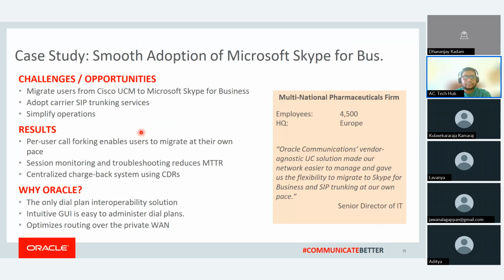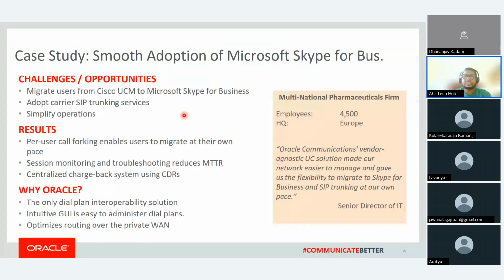And then this is one of the case studies. If you want to have Microsoft Skype for Business, Skype is now obsolete, but I've just put it up, you can consider it as Microsoft Teams. Suppose you have the Cisco Call Manager and you want to migrate to Microsoft Teams direct routing, what do you need to do?